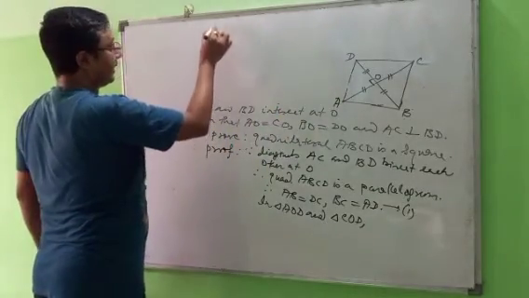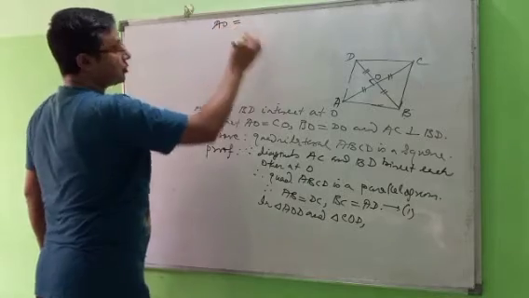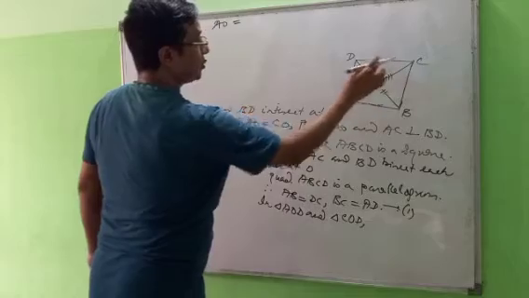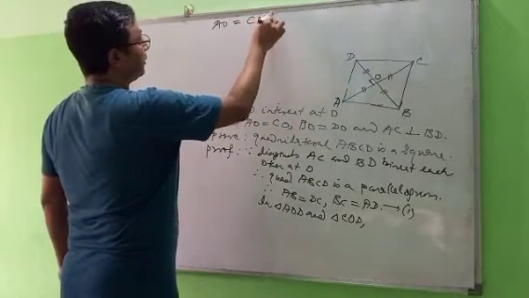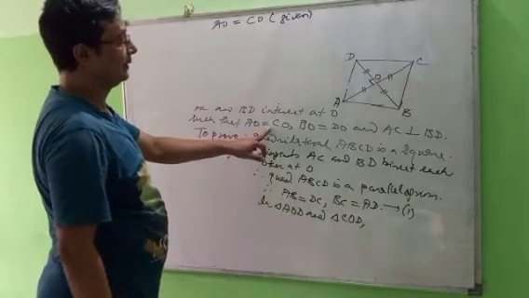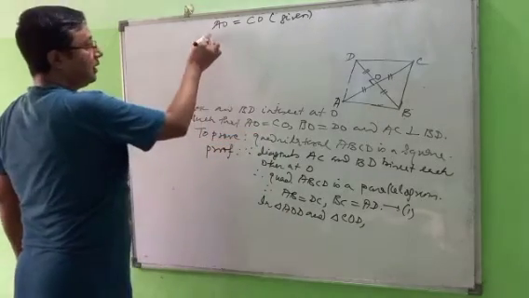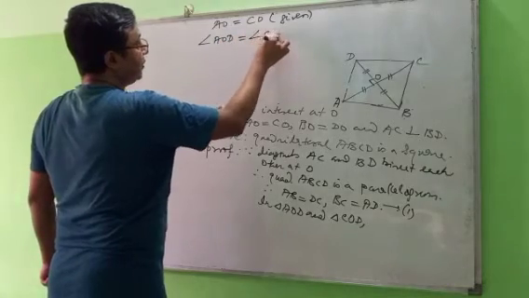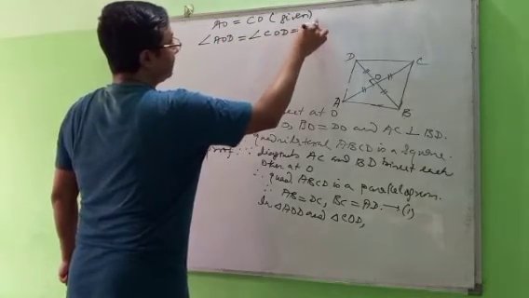Now in triangle AOD and triangle COD, you got that AO equals CO. This one is given. Then angle AOD is equal to angle COD equals 90.